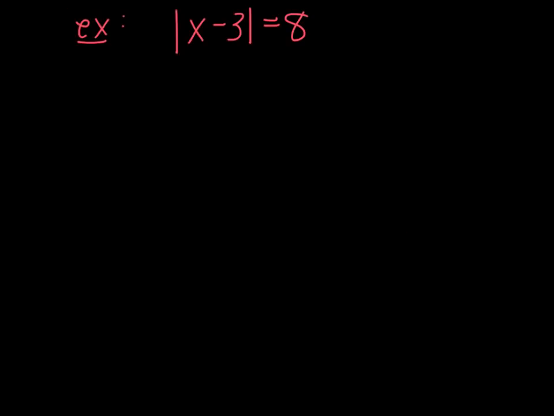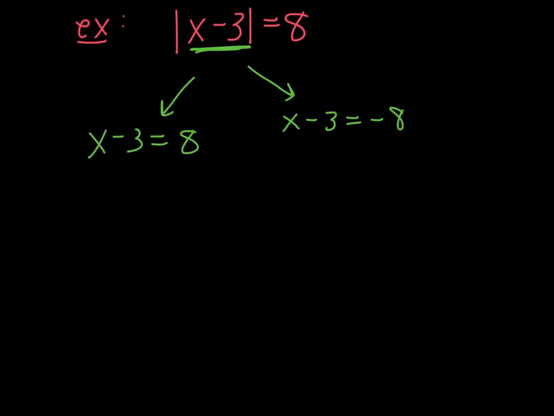So when we're given problems like the absolute value of x minus 3 equals 8, we have two possibilities. The number inside the absolute value can either be equal to +8, since the absolute value of +8 is 8, or the thing inside could be equal to -8, because the absolute value of -8 is also 8.